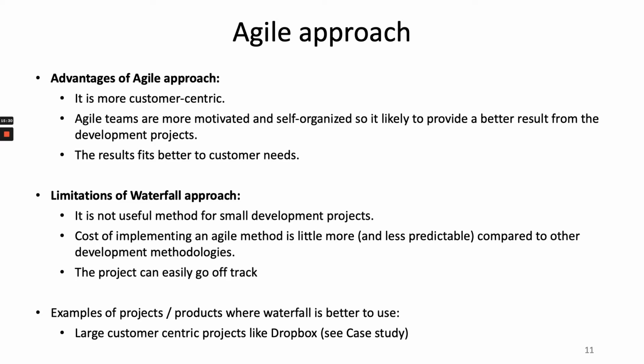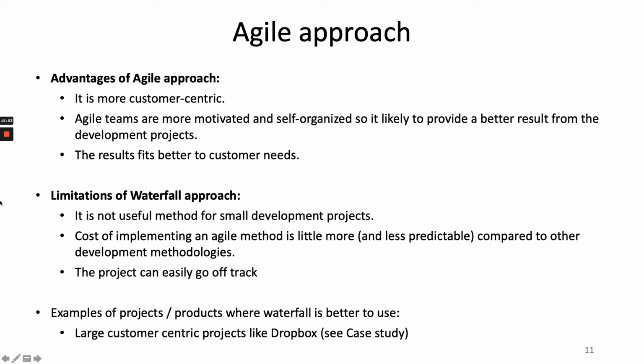In that case, it's also more motivating for the team members, because they are in contact with the customer. They can see the solution, the result quite early on, and it's better from this point of view. There are also the limitations of agile.